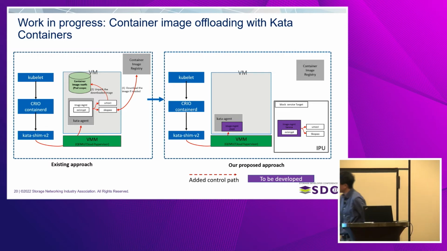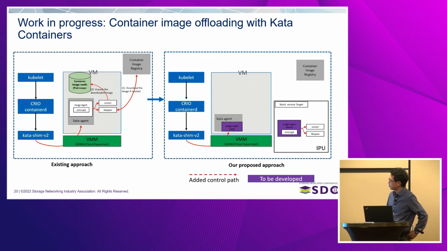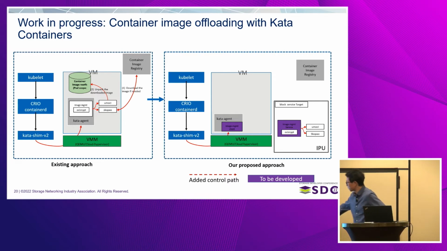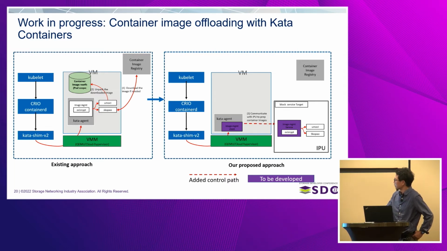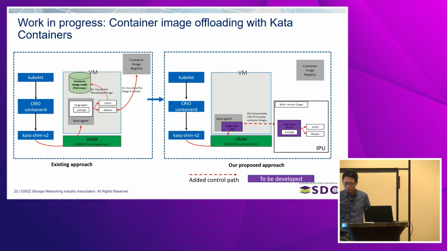In the Kata case, the left picture shows the current way: the Kata agent is the one that manages the container lifecycle and does all the image construction and preparation before a container can be launched. But the right picture shows that if you do the IPU offload, you can move a lot of that into the IPU itself, which basically just needs an enhancement to the Kata agent to include an image management client to communicate with the IPU.